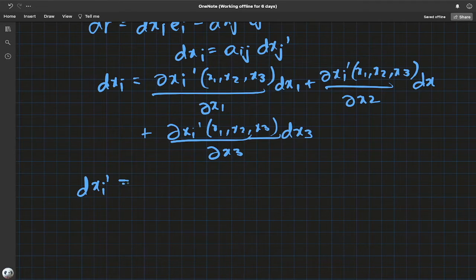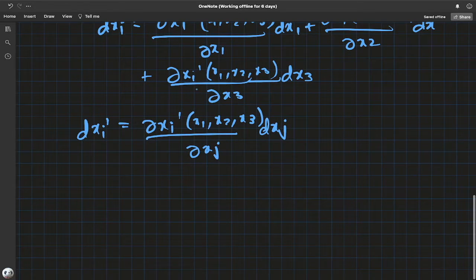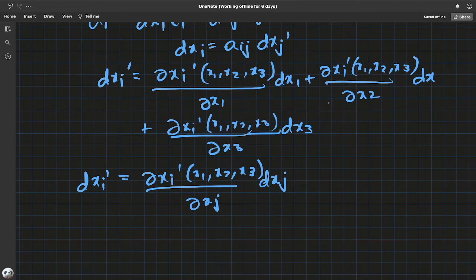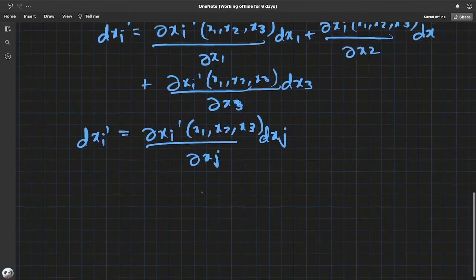And for dx_i prime, we can also use the chain rule here: partial x_i prime of x1 x2 x3 with respect to x_j dx_j. I'm sorry, there was supposed to be a prime there. So I've just used the chain rule on top and then used subscript summation for x1 x2 x3 using x_j, which means you can see the clear relationship here.